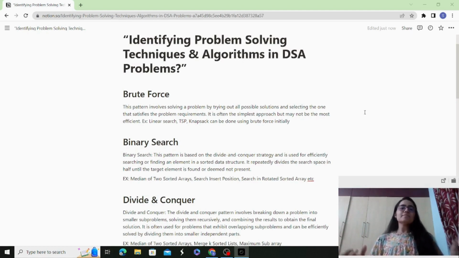So you need some kind of clues, and even if you are practicing so many, you must have been able to identify for yourself which data structure or algorithm should be most applicable to a particular problem. This will make your time for thinking and coming up with the optimal approach very easy. So let's get into this topic.